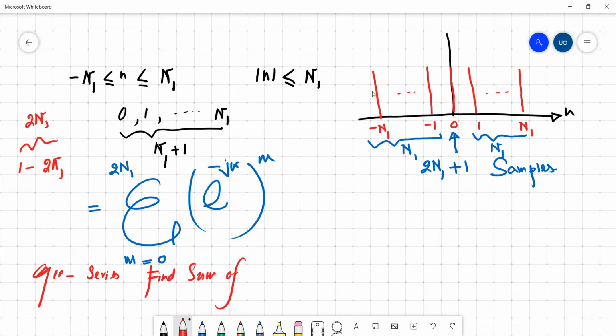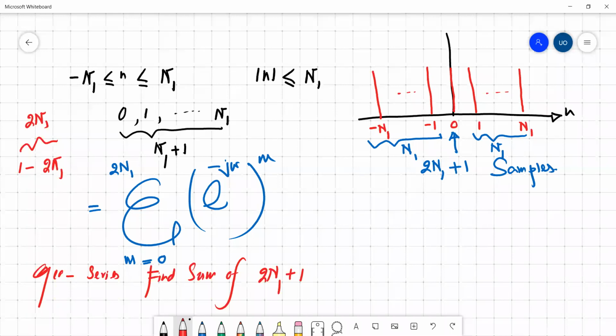When we count the 0 index as well, we have 2N1 plus 1 samples. So this is a geometric series and you need to find the sum of 2N1 plus 1 samples, because we consider the 0th index as well. If it simply starts from m equals 1 to 2N1, we have 2N1 samples.